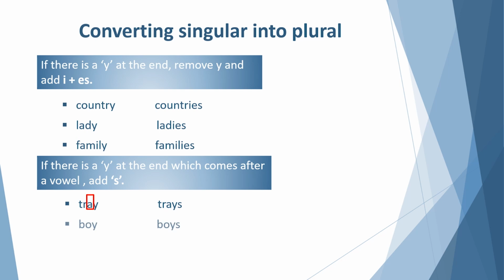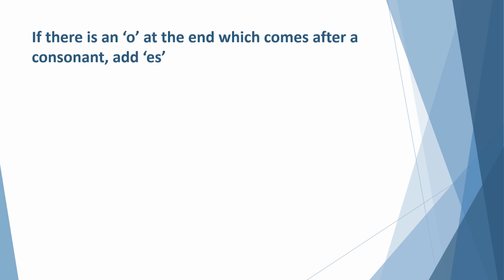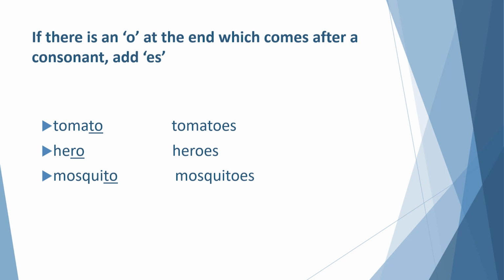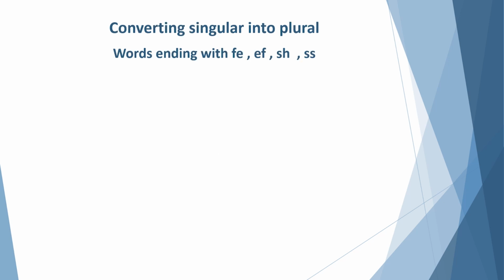Similarly, boy becomes boys, valley becomes valleys, and way becomes ways. If there is an O at the end which comes after a consonant, add ES. For example, tomato becomes tomatoes, hero becomes heroes, and mosquito becomes mosquitoes.